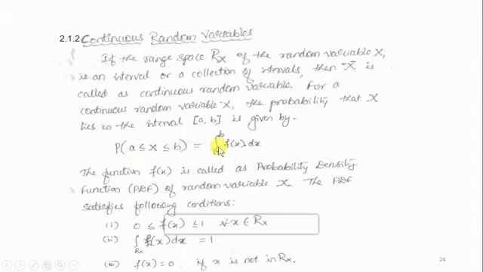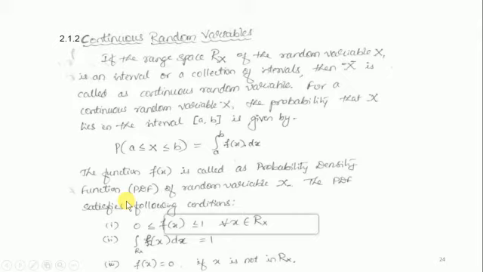Or we can write this using the integral function. So this is the lowest range and the highest range, function f of x dx. If we have this integral like this, it means that the value of x is ranging between a and b.